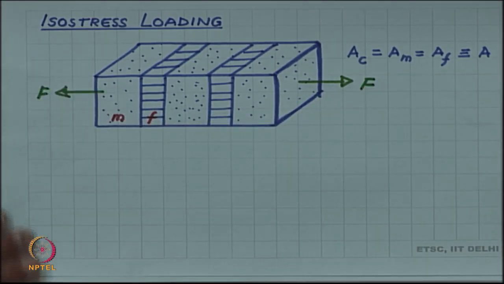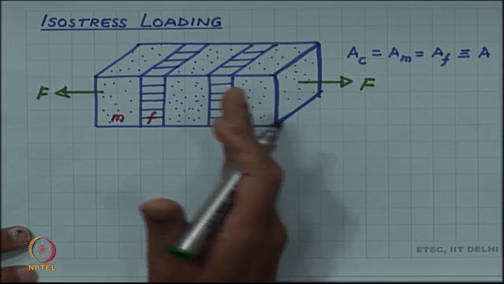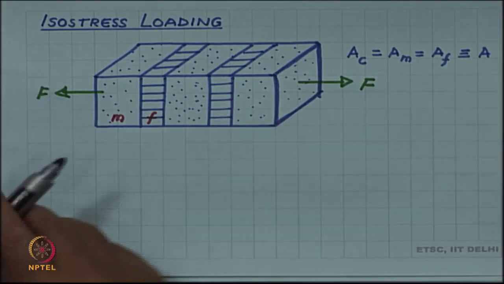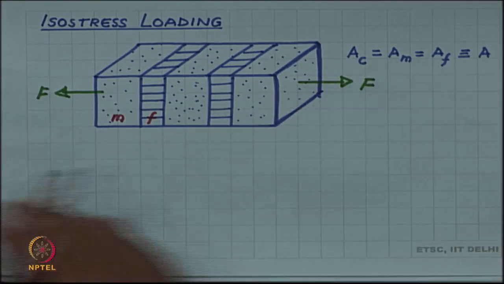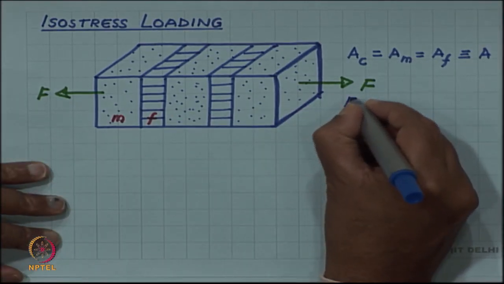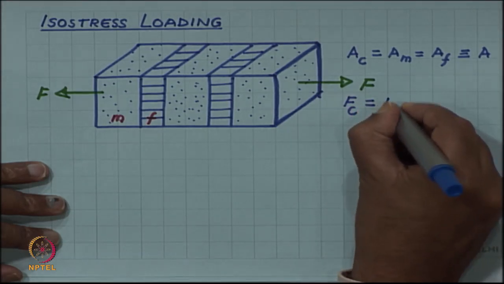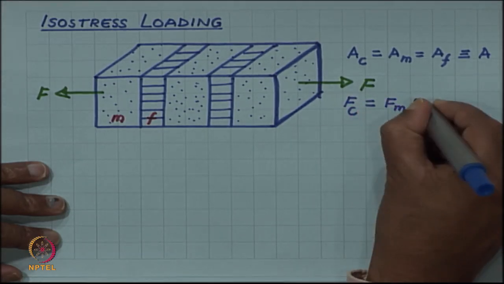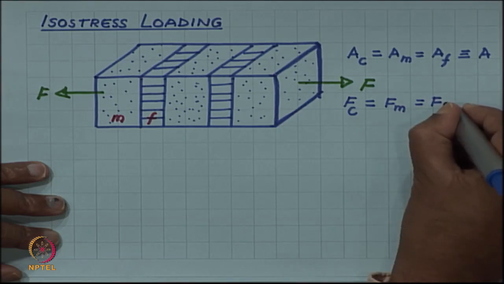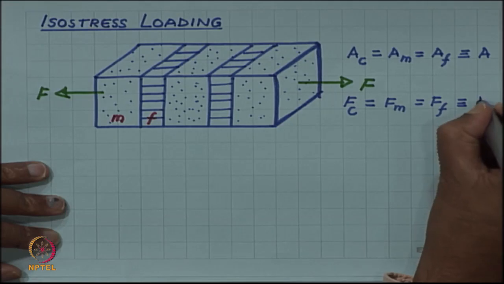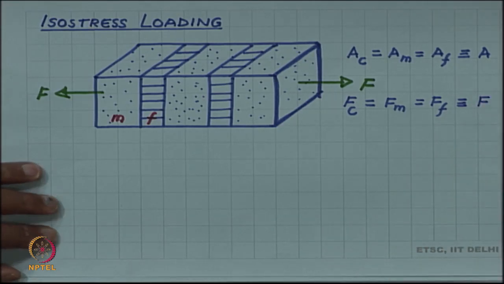You can see this load will be transmitted to both matrix and fiber. So, the loads are again the same. The force in the composite is equal to force in the matrix is equal to force in the fiber or reinforcement, and let us call all of them F.